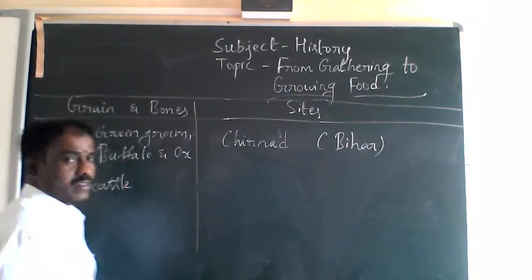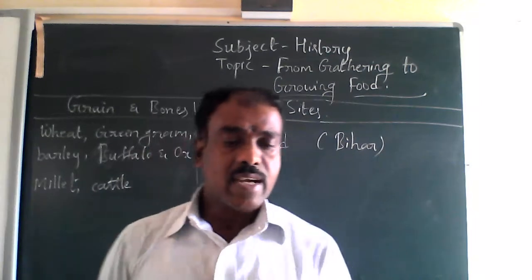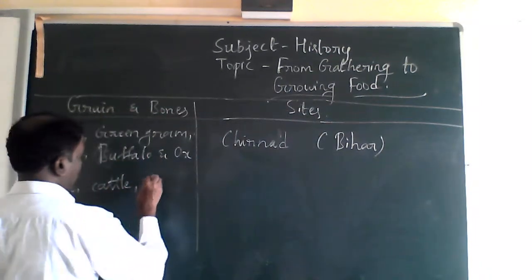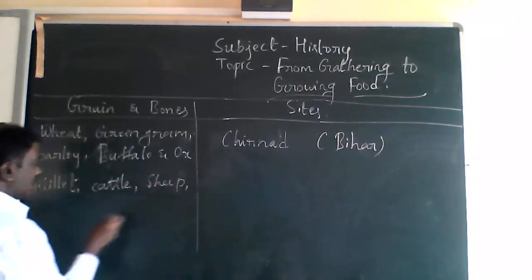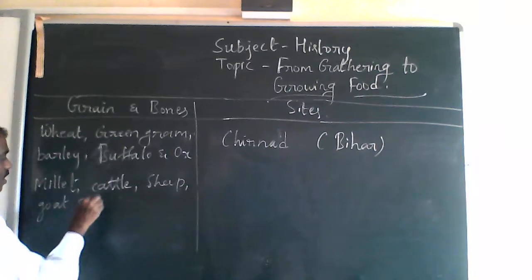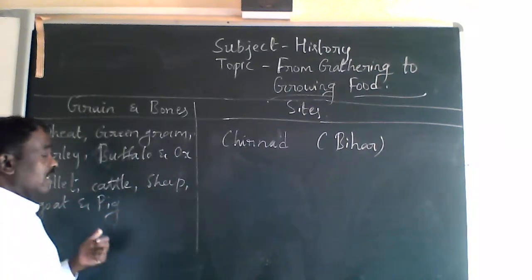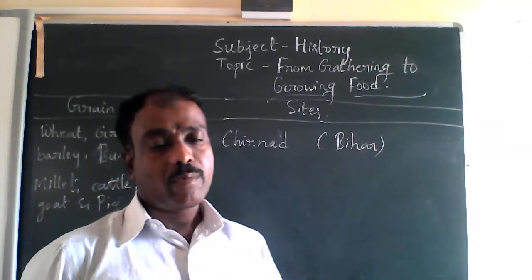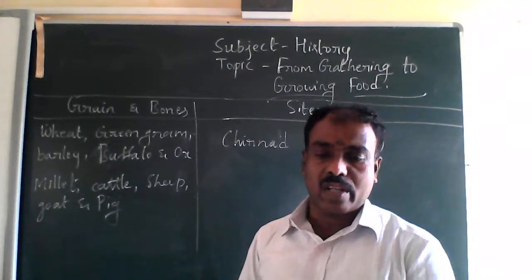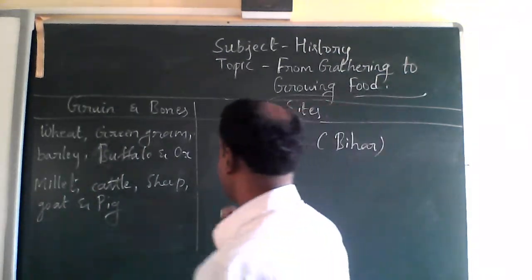Then next, millet, cattle, sheep, goat, and pig. Here you see that pig was found by archaeologists in Hallur.